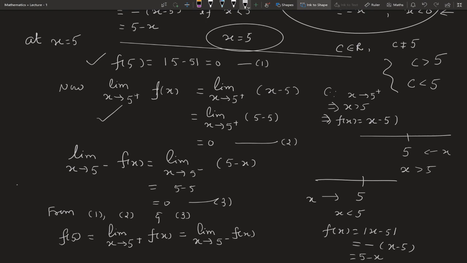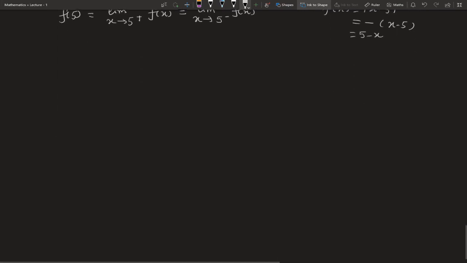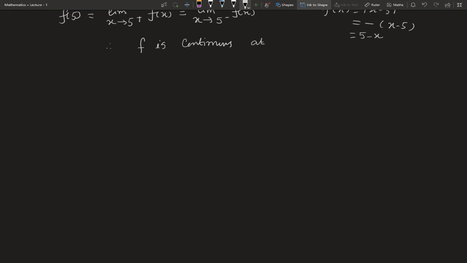All three are equal. Therefore, f is continuous at x equal to 5.